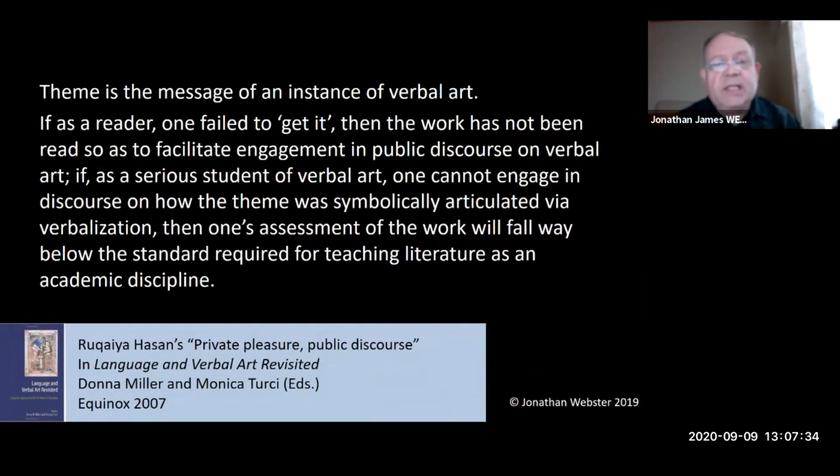Now, Hasan says this: theme is the message of an instance of verbal art. It's the message. Now, if as a reader one failed to get it, then the work has not been read so as to facilitate engagement in public discourse on verbal art. And you missed the point.